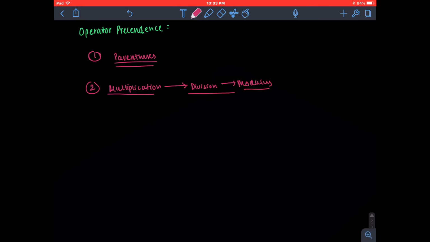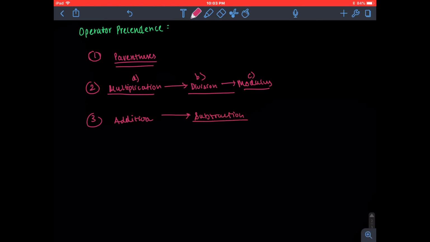So we have A, B, C: multiplication, division, modulus. And then finally, number 3, we have addition, and then subtraction, obviously. So that is the operator precedence. So that would be A, and that would be B in that order.